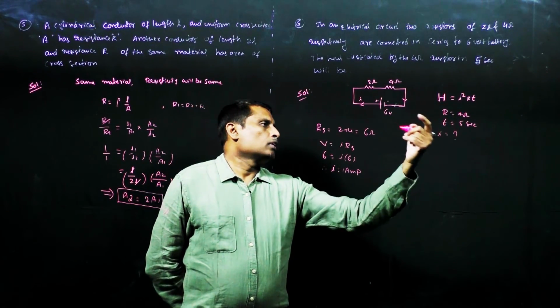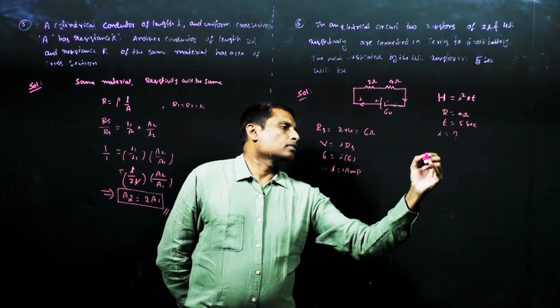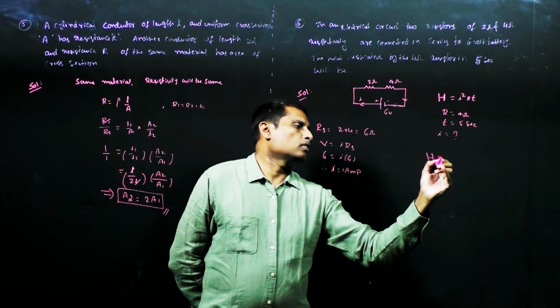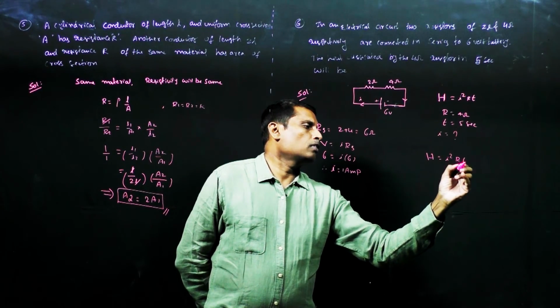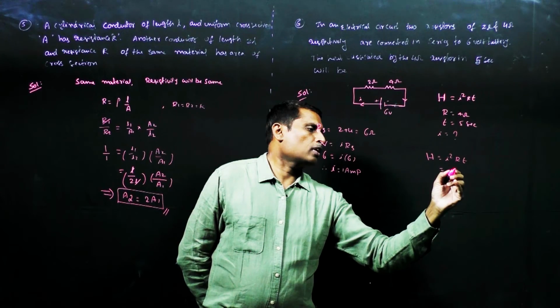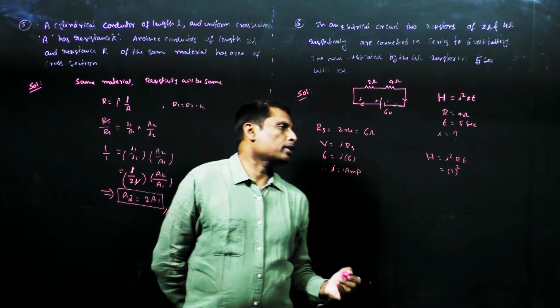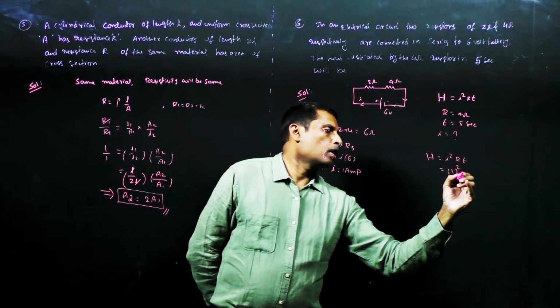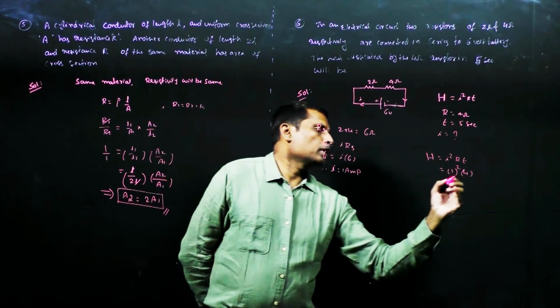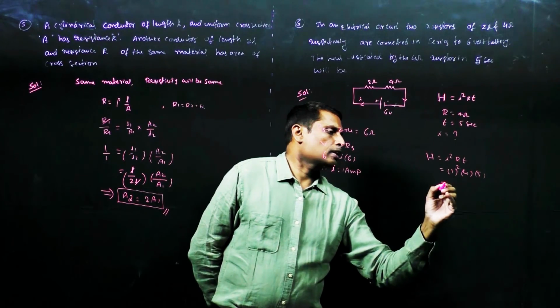Therefore, now we can find the value of H. H is equal to I square into RT. I is equal to 1 ampere. Now we can write 1 square into R, R is equal to 4 ohms, into time t is equal to 5 seconds.